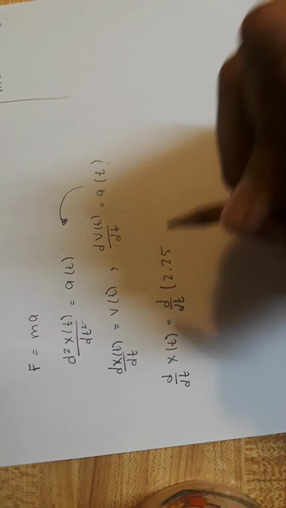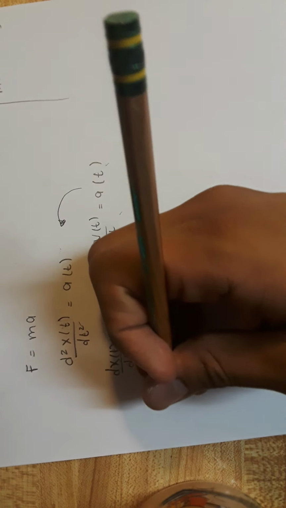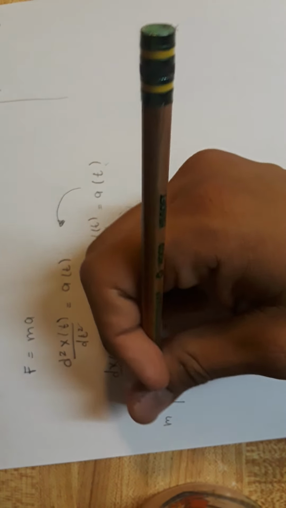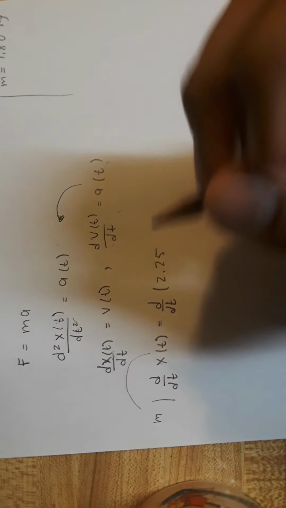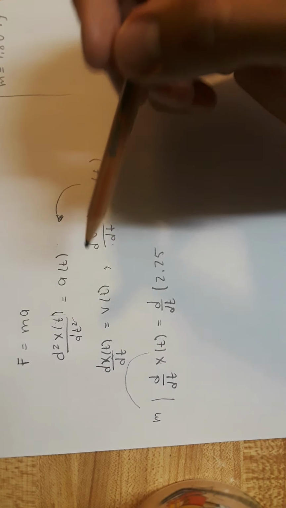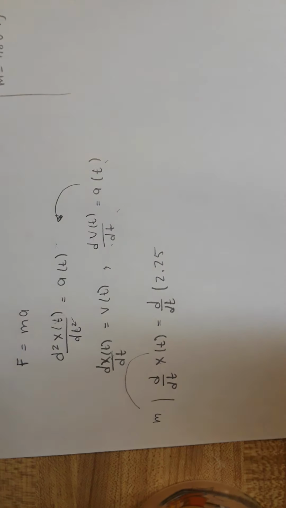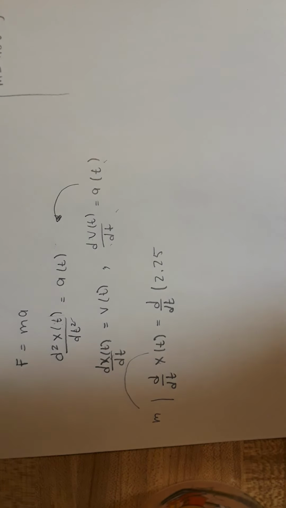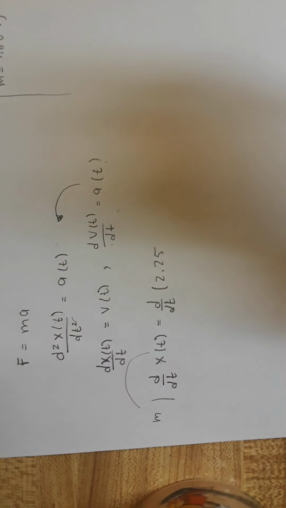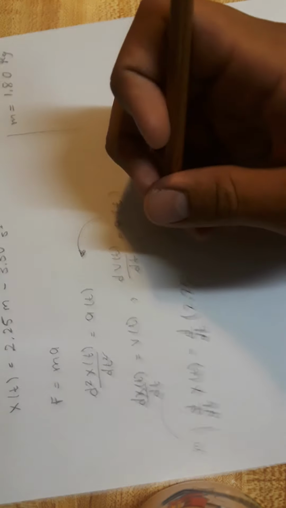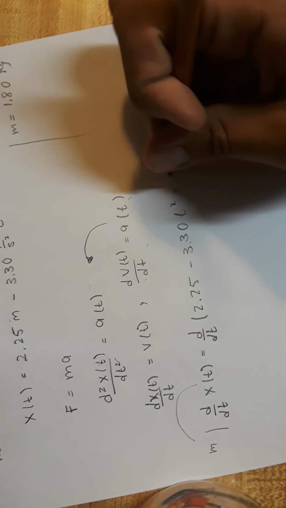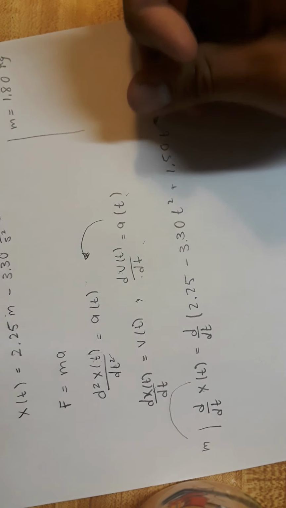And we're going to forget about the units for now, but just remember that this has units of meters, and when we derive this function of position with respect to time, we go to velocity, which has units of meters per second, or the change in time. Okay, so 3.30 t squared plus 1.50 t to the third.